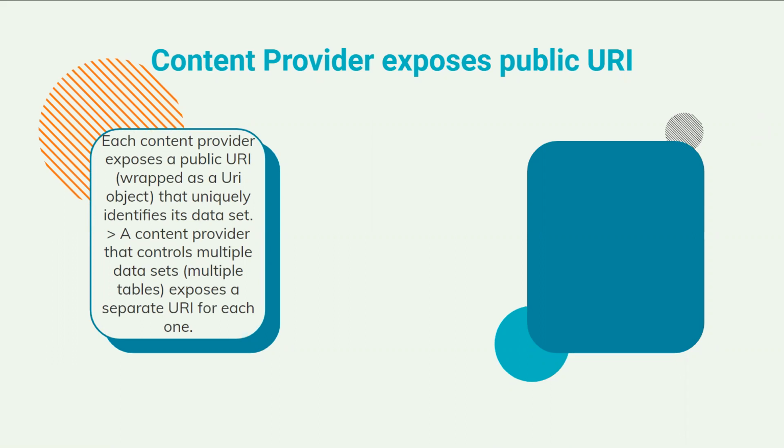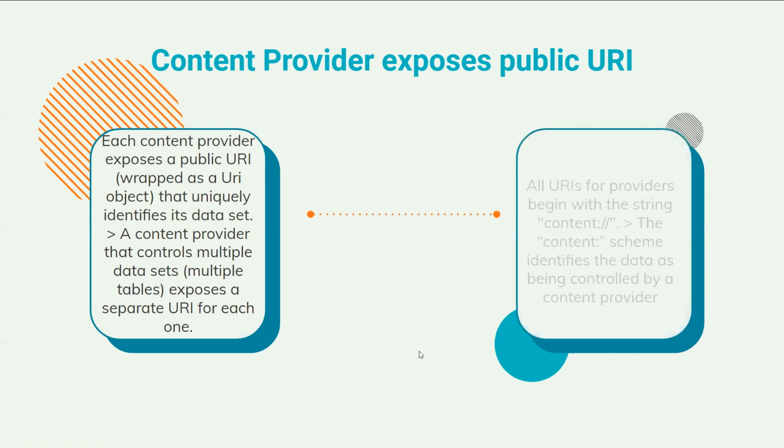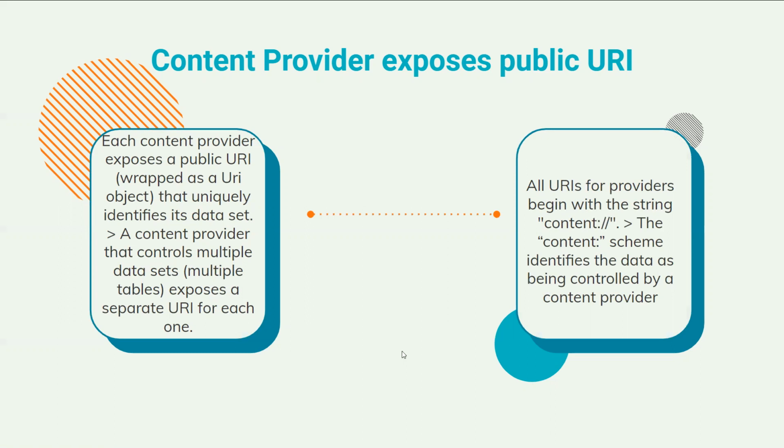Note that a content provider that controls multiple datasets with multiple tables exposes a separate URI for each one. All URIs for providers begin with the standard string format "content://" enclosed within double quotes. And the content scheme identifies the data as being controlled by a content provider.